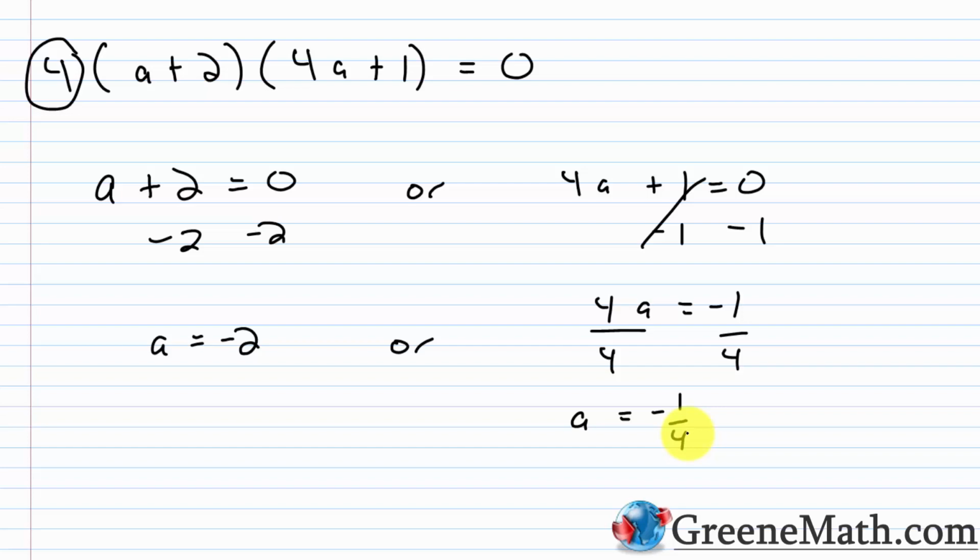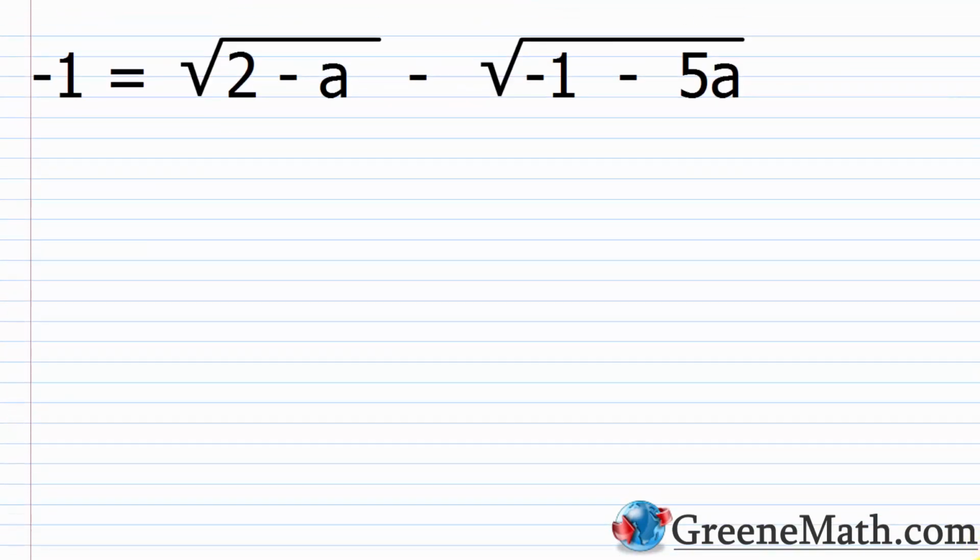Now, let's go back and check each one and make sure that they work in the original equation. So we have a equals negative 1/4, and a equals negative 2. Let's start with a equals negative 2. If I plug that in, we have negative 1 is equal to the square root of 2 minus a, negative 2 is like 2 plus 2. So the square root of 4, we might as well replace that with 2.